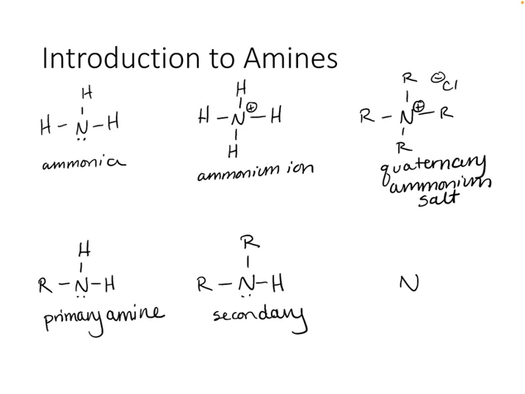And then you can probably guess a tertiary amine has a nitrogen bonded to three alkyl groups. So we'll be referencing these different types of nitrogen bonds and groups throughout this chapter.